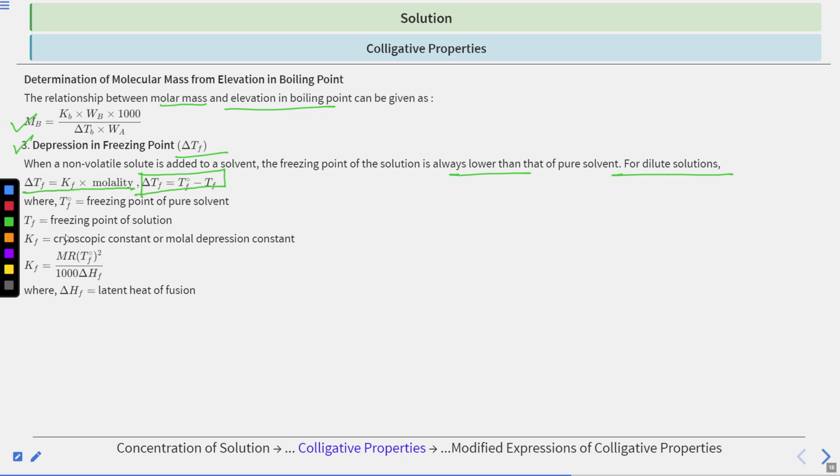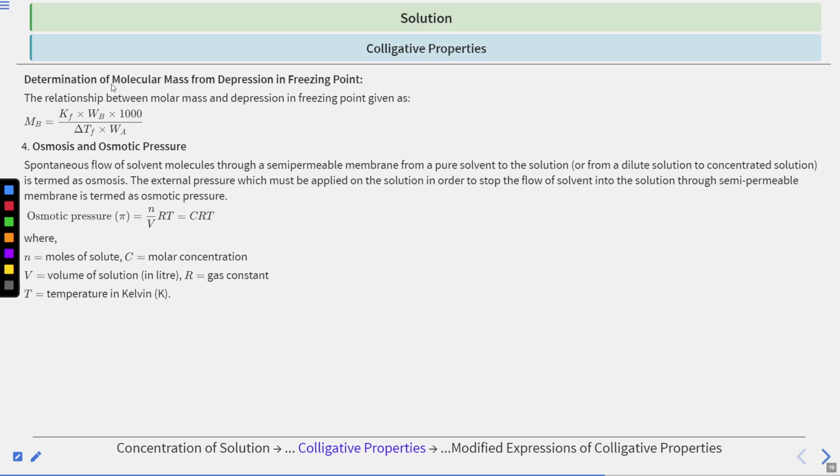And Kf here is the cryoscopic constant or molar depression constant. Kf can be written as M R TF naught whole squared upon 1000 into del Hf, where del Hf is the latent heat of fusion and other terms are the same as we have seen for Kb, right?